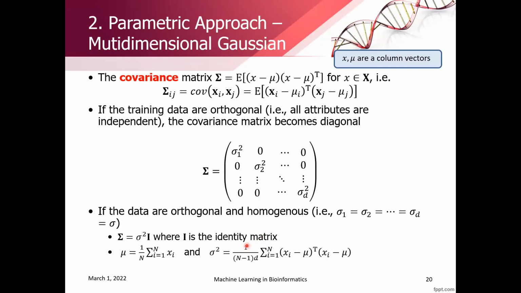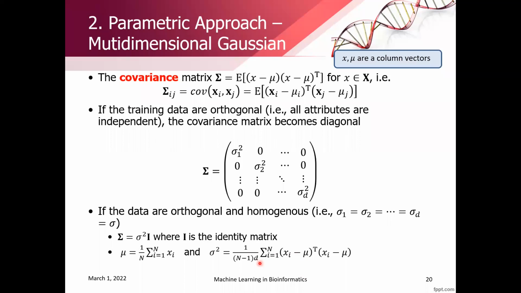This would be 1 divided by n-1 times the sum of value minus mean, squared. But we will do that for all d columns, so we divide by d. So this will be an even better estimate for the standard deviation.